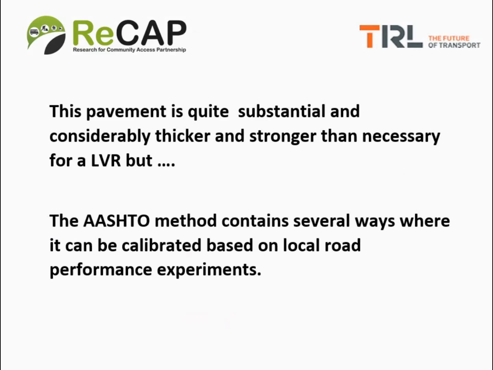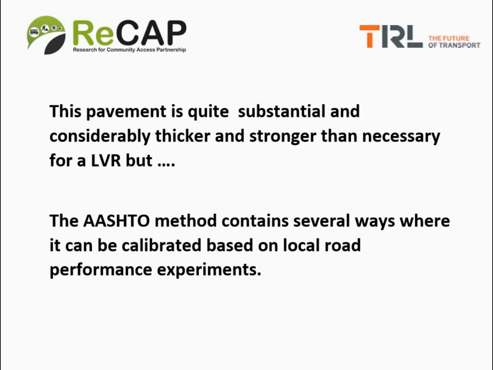Now, this pavement is quite substantial and considerably thicker and stronger than we would normally consider necessary for a low volume road. Don't forget, I'm just applying the AASHTO method. But the AASHTO method has several ways where it can be calibrated based on local road performance experiments.